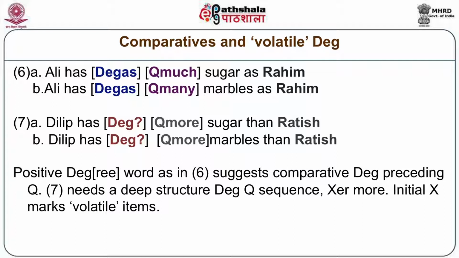Now when you compare as much and as many with the comparative counterpart, you find that you say more sugar and more marbles. In other words, there are two different kinds of more. There is the kind of more that corresponds to as much, the non-count kind, and the kind of more that corresponds to as many, the countable kind.